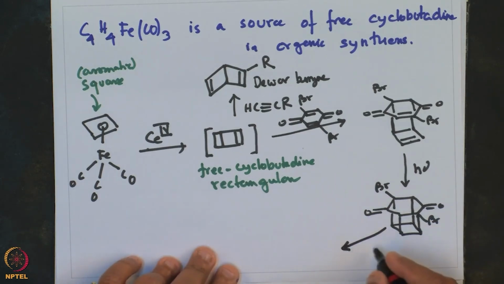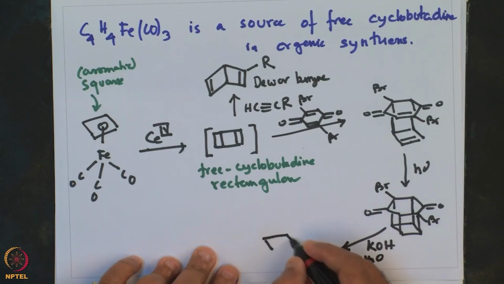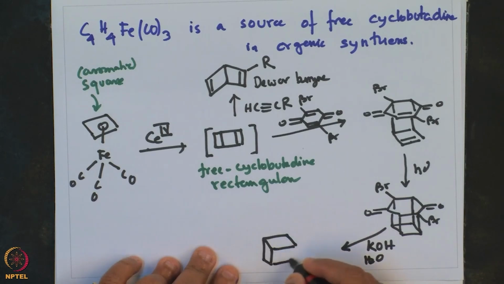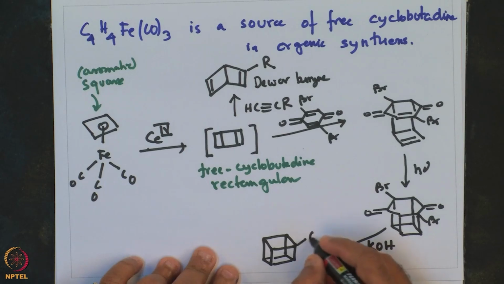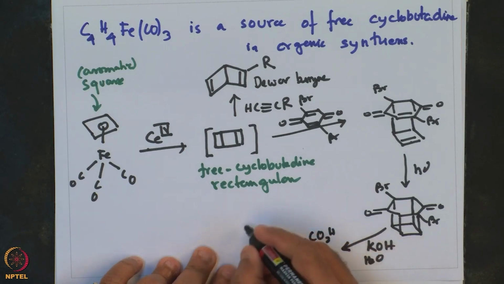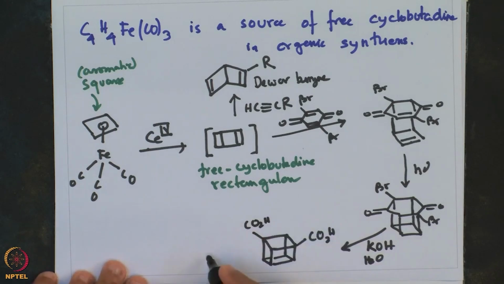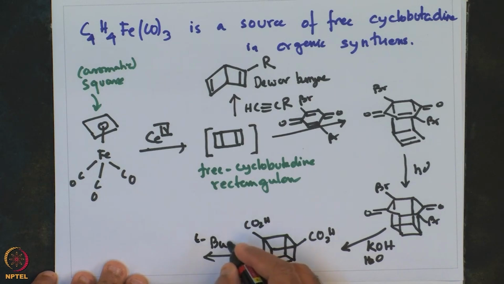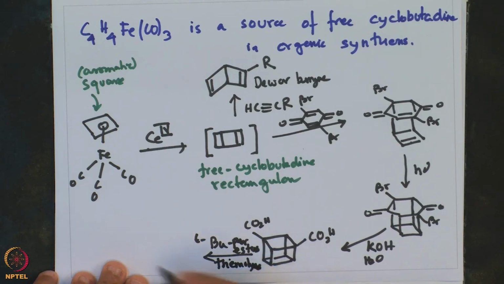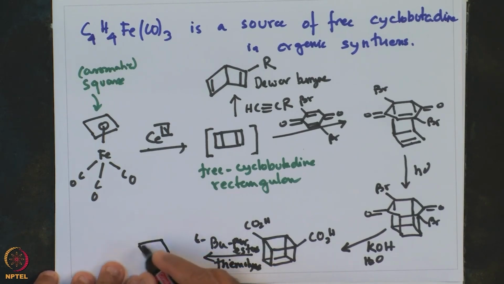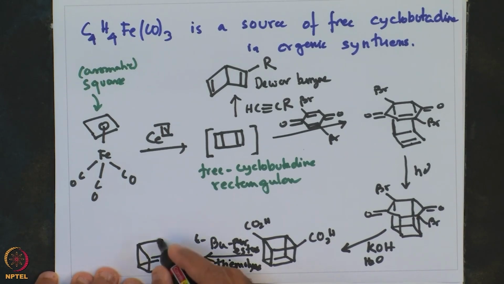That, in presence of KOH and water, gives this compound of cubic structure, and that, in presence of tert-butyl peresters and thermolysis, decarboxylates and gives this perfect cubane.